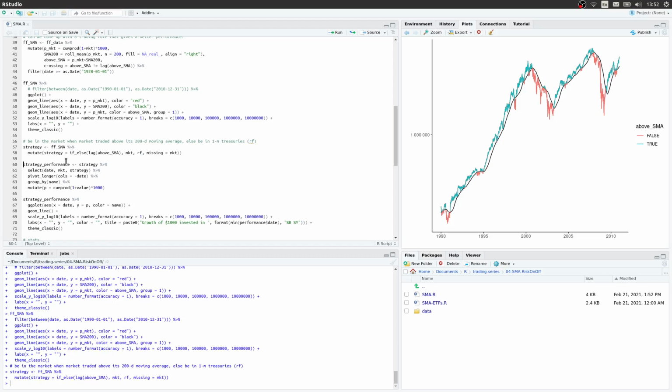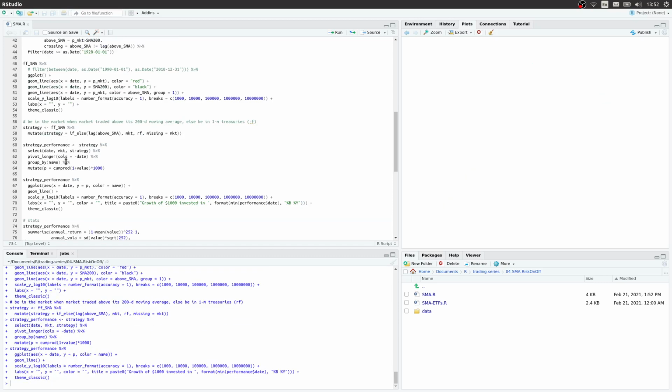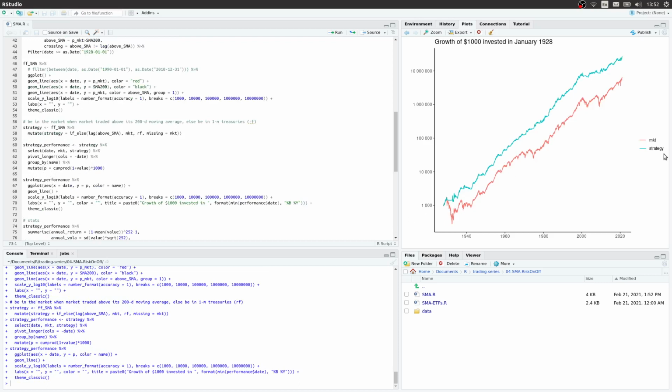So this is our strategy, and we will plot the performance again. So you have in blue or in green the strategy performance over time, and in red you have the market. And what immediately is visible is that you avoided the Great Depression financial crisis of the 1920s, 1930s.